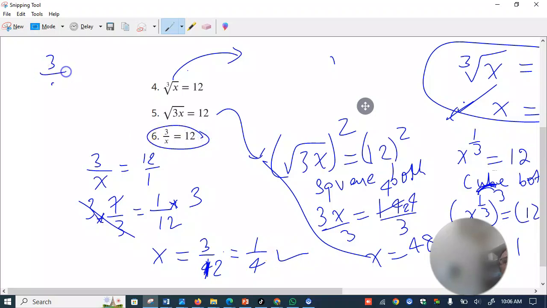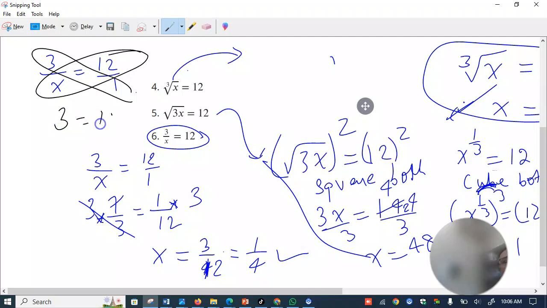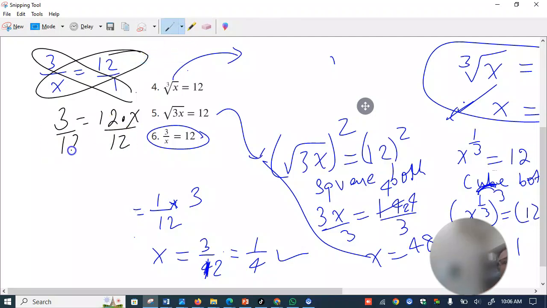Is 3 over x equals 12. You can use cross product. So if you use cross product, you get 3 times 1 is 3, and then you have 12 times x is 12x, and then you divide by 12. You end up getting the same answer.